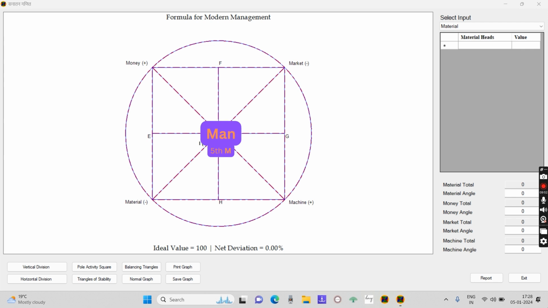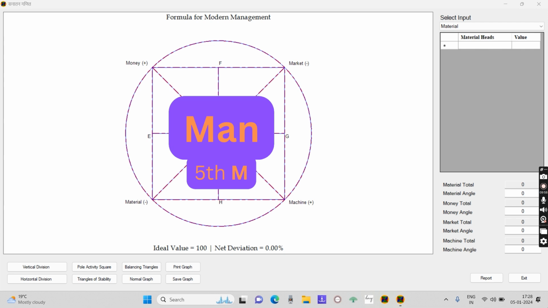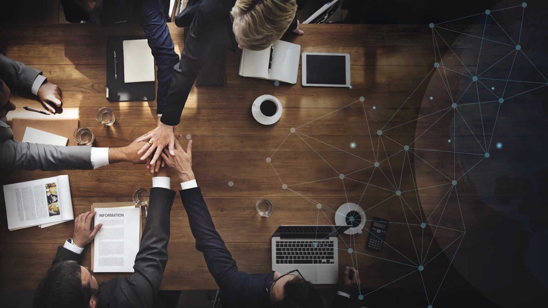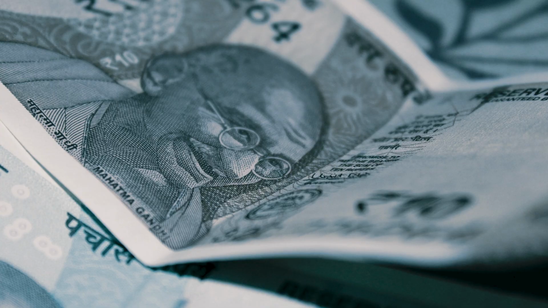The fifth M is man, or we can call them stakeholders. Stakeholders may be promoters, equity shareholders, preferential shareholders, debenture holders, and borrowers, banks from where the capital is arranged.